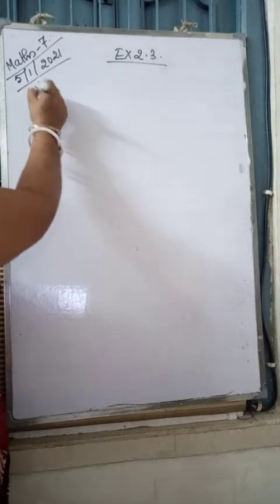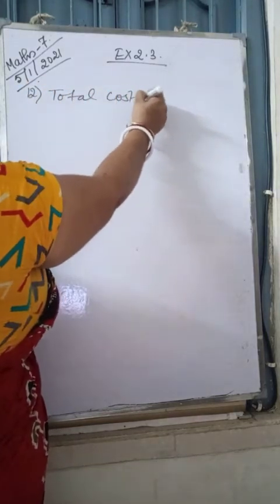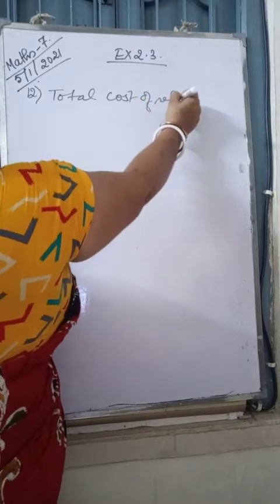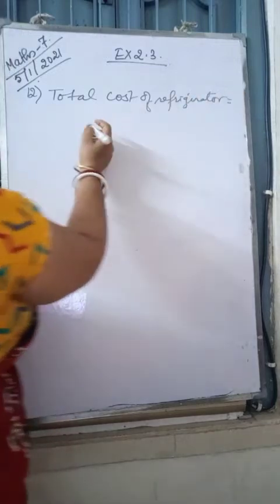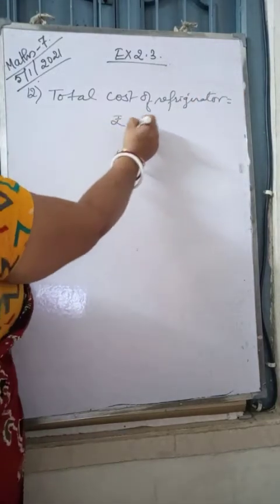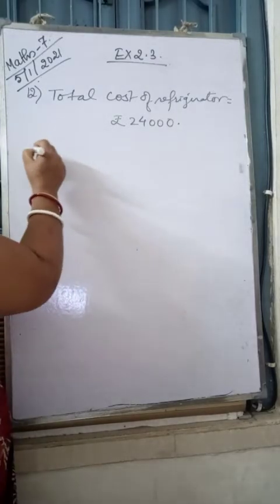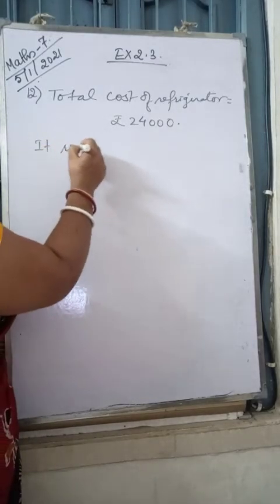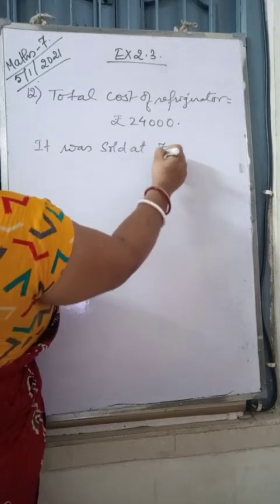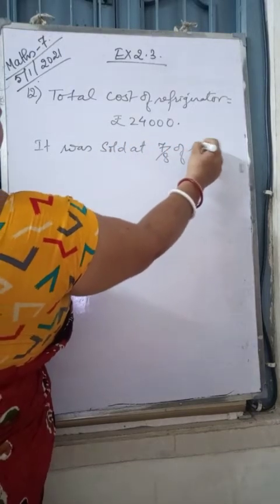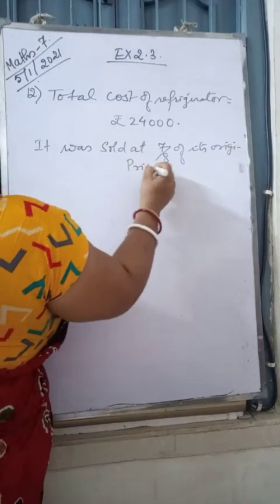Number 12. Total cost of refrigerator, rupees 24,000. It was sold at 7 by 8 of its original price. Is it?